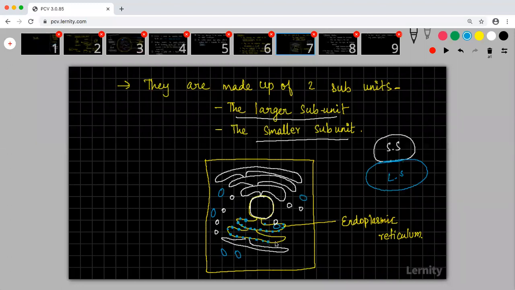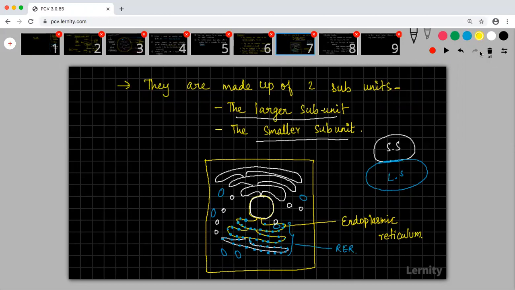Since it looks like a very rough structure, we call it the rough endoplasmic reticulum. This blue color dot which I'm putting is the ribosome, and this blue color dot is present throughout. This is what we call the rough endoplasmic reticulum.